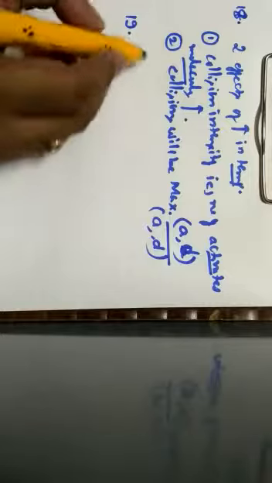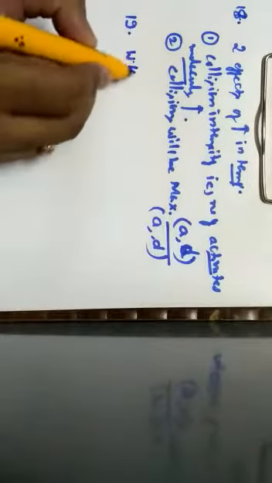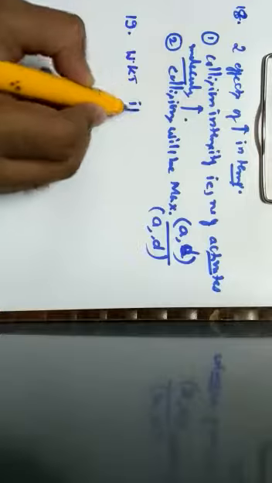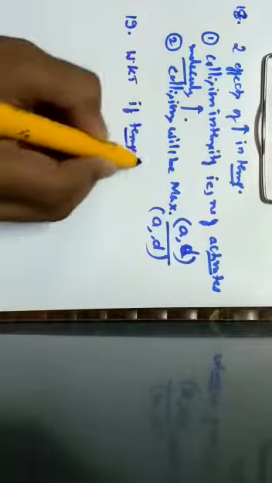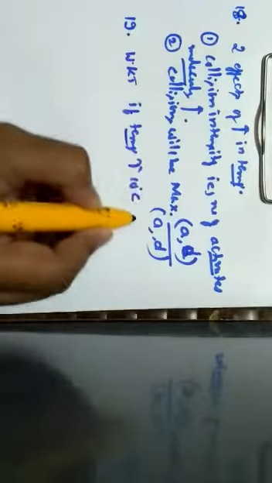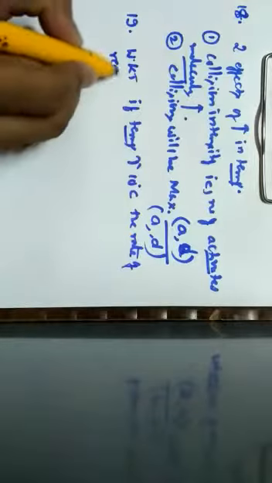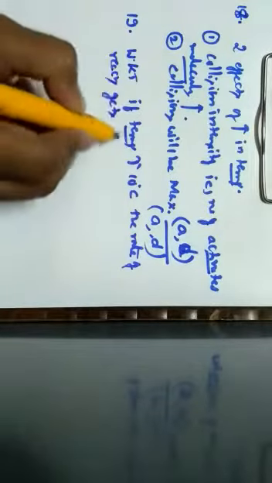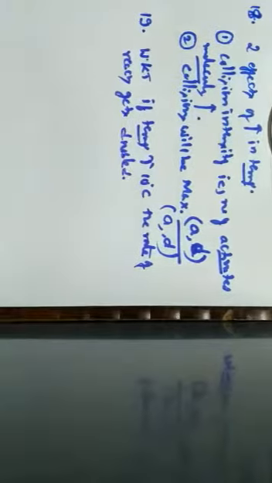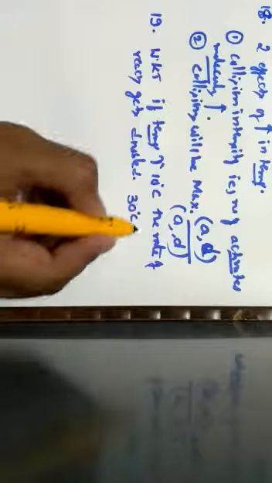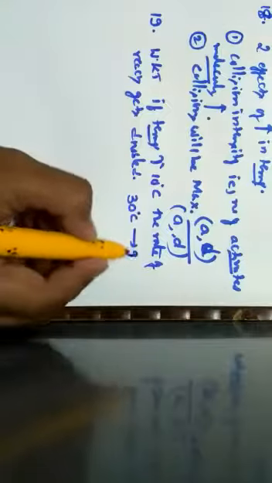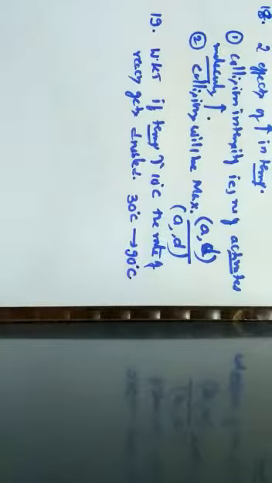So here we know that if the temperature is increased by 10 degrees Celsius, the rate of a reaction gets doubled. So we know this concept. Here in the given question, the temperature is increased from 30 degrees Celsius to 90 degrees Celsius.